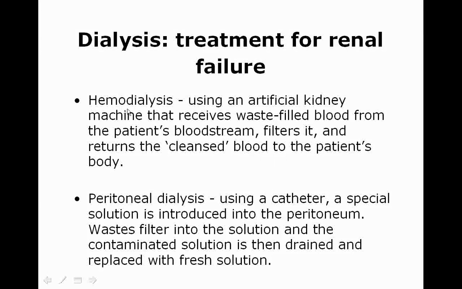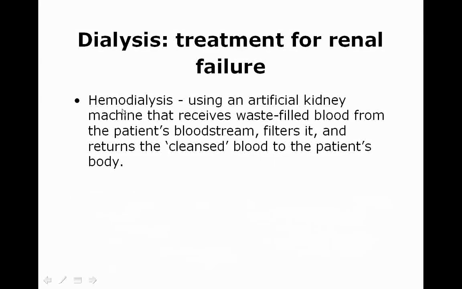In hemodialysis, the word parts there: hemo is blood, lysis is separation, dia is complete. It's a separation of the blood from the waste products using an artificial kidney machine that receives the waste-filled blood from the patient's bloodstream, filters it, and returns it to the cleansed body.